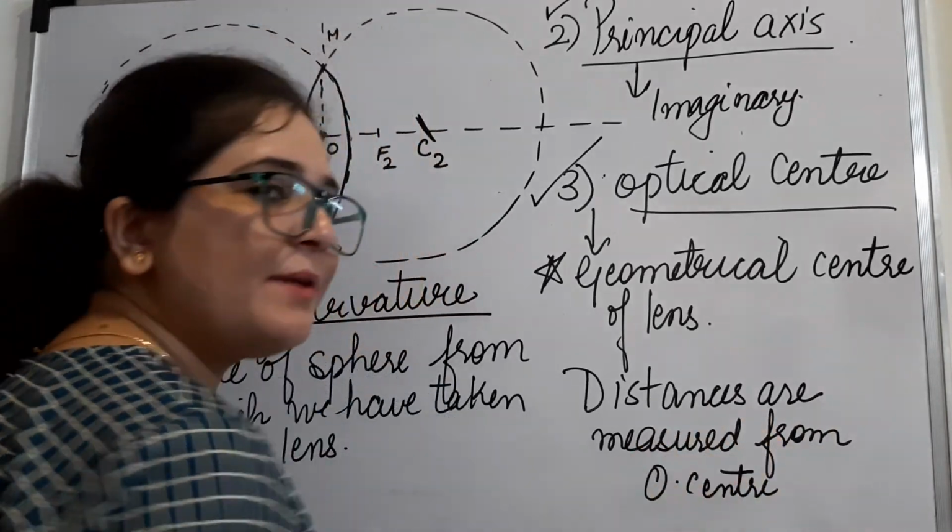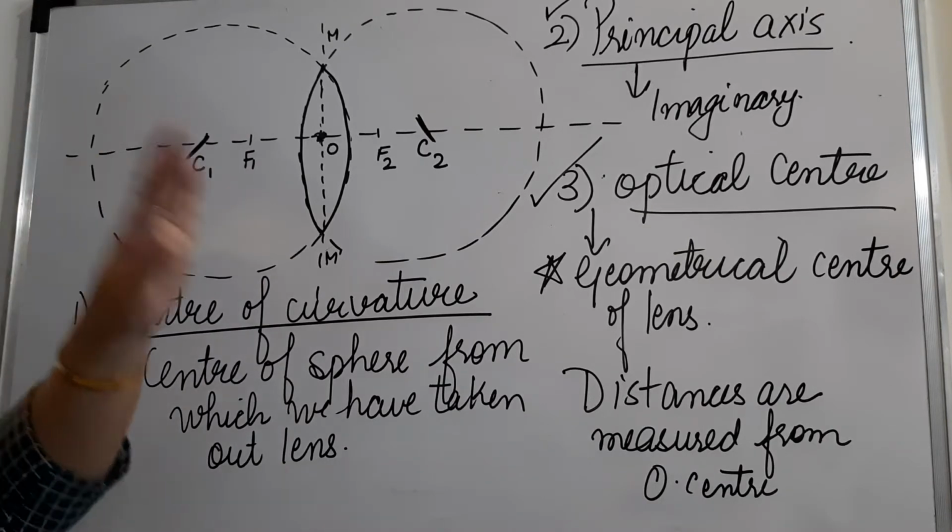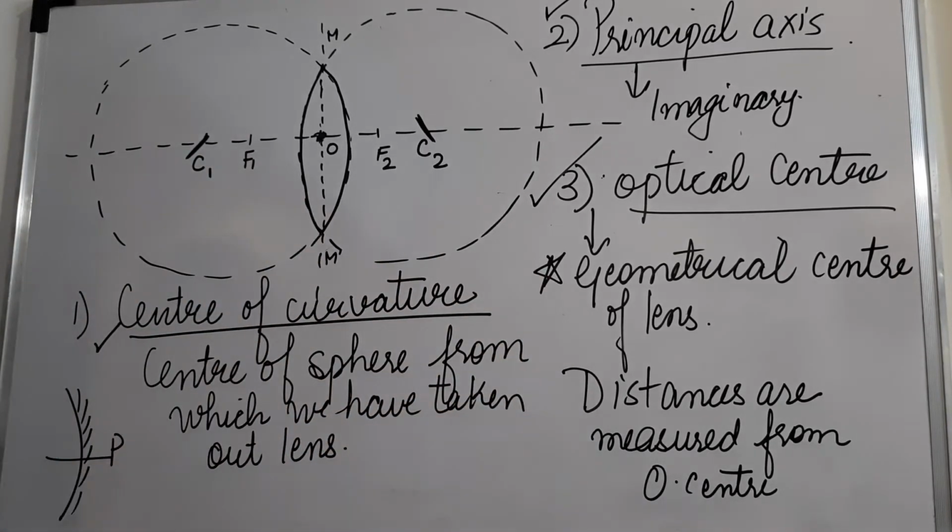Now in case of mirror, what was the criteria? That all the distances were measured from pole. Now here in case of lens we do not have a pole, so all the distances are measured from optical center. Either the distance on the left hand side or the right hand side, all will start from optical center.